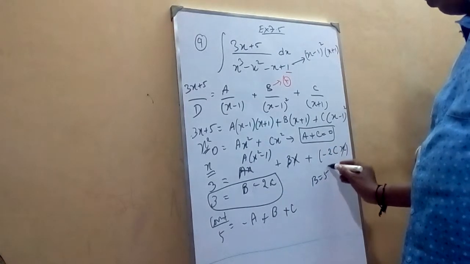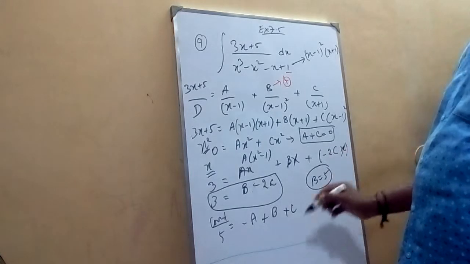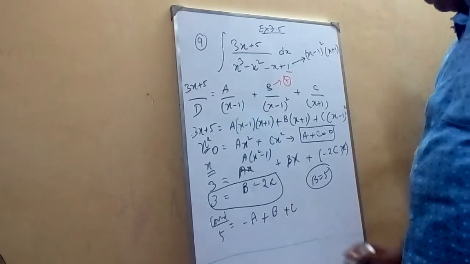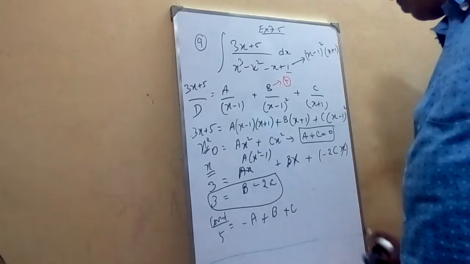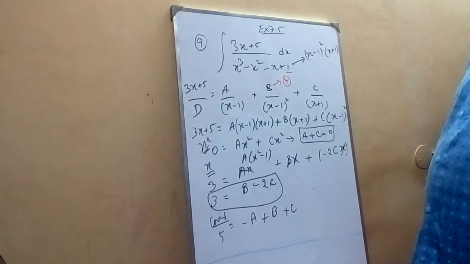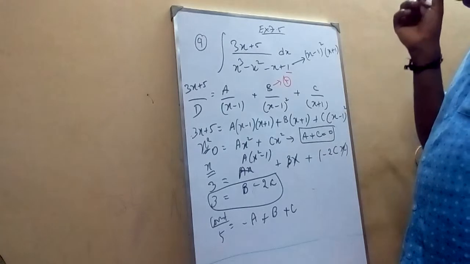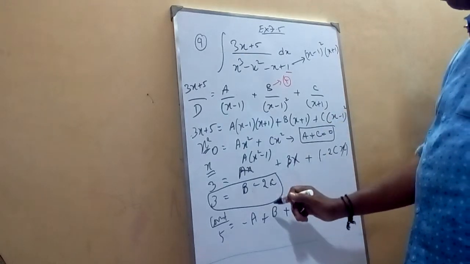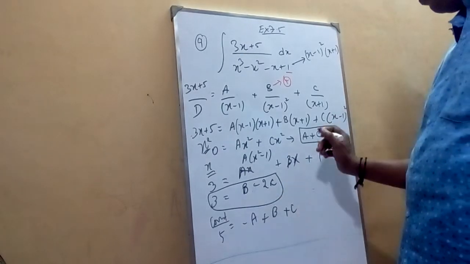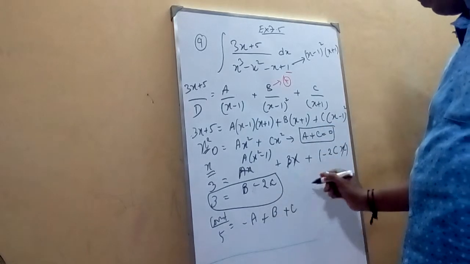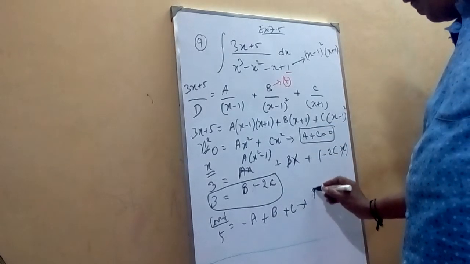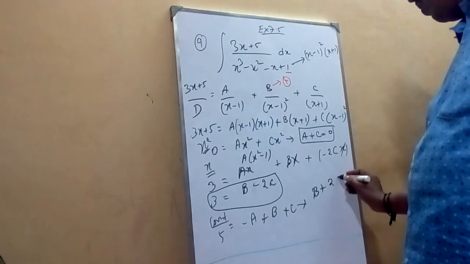I got 4 earlier. Let us check whether a plus c, sorry, this is a minus c. We will put in the place of a minus c. So minus a is equal to plus c. So b plus 2c is equal to, this becomes b plus 2c.